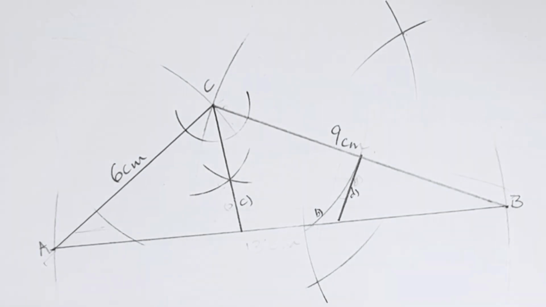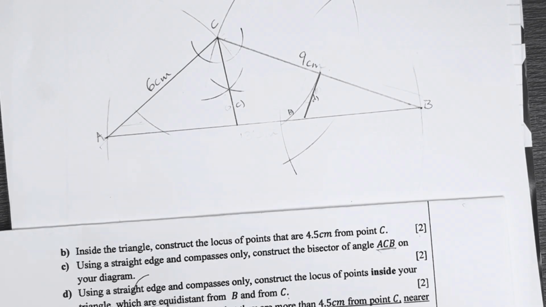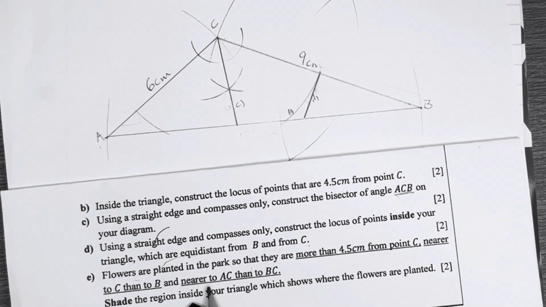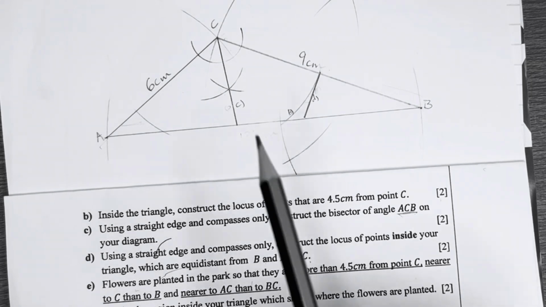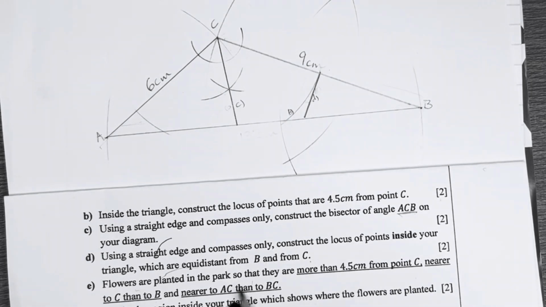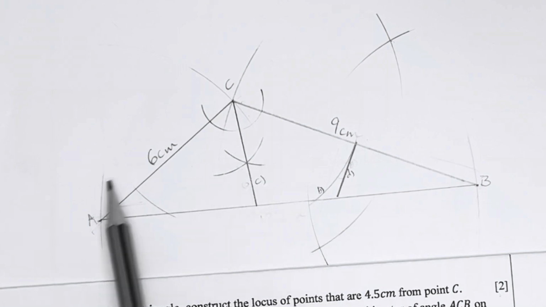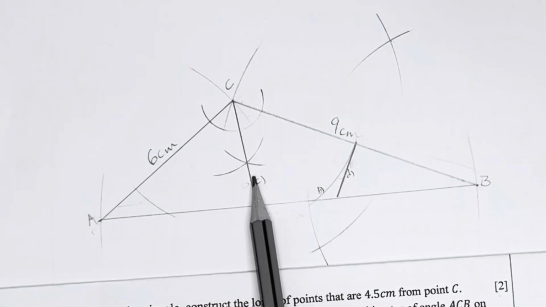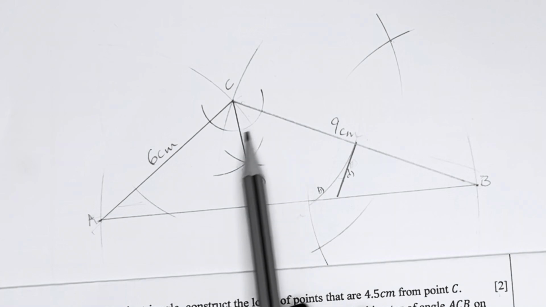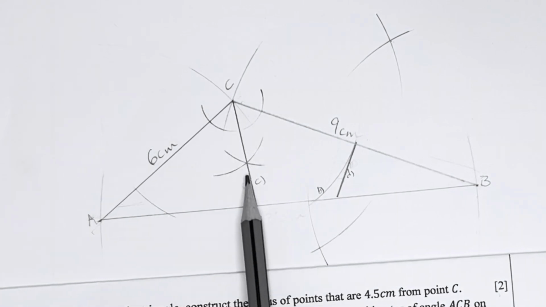Now before we shade it, we want to make sure that we have satisfied all the conditions provided for us. The other one is that it should be nearer to AC than to BC. AC, BC is this line. So if something is in the middle, anything closer to AC than to BC will be this side, because this is the line dividing it in the middle.